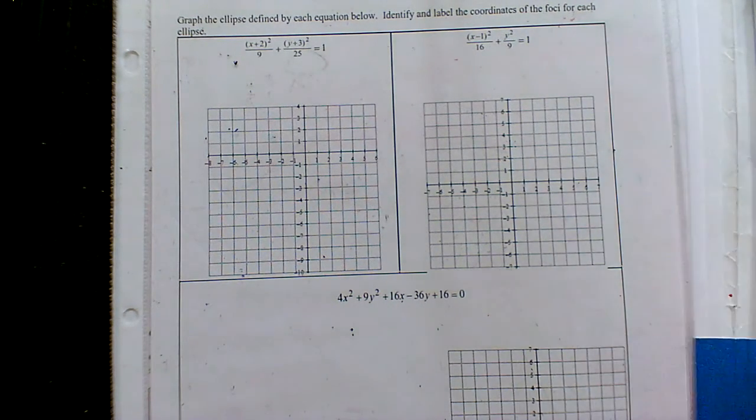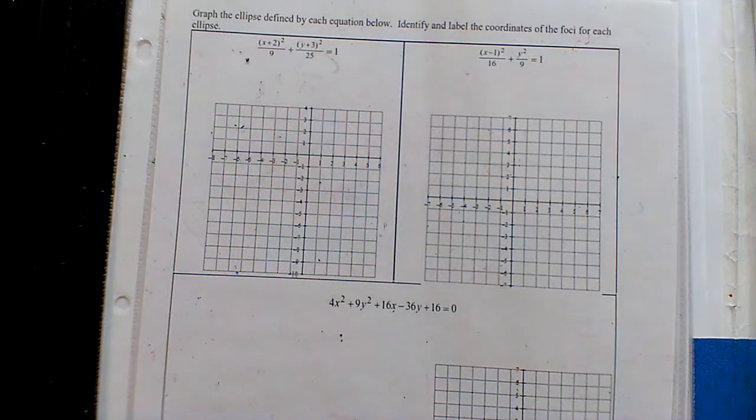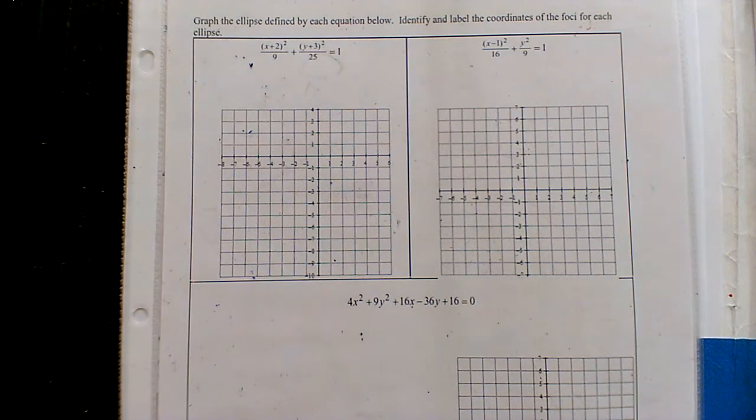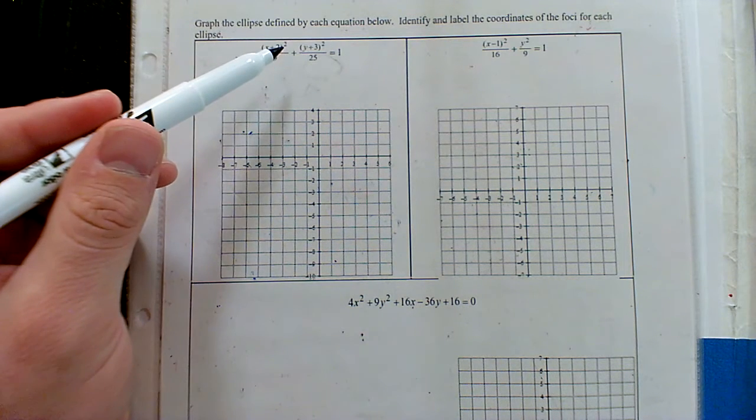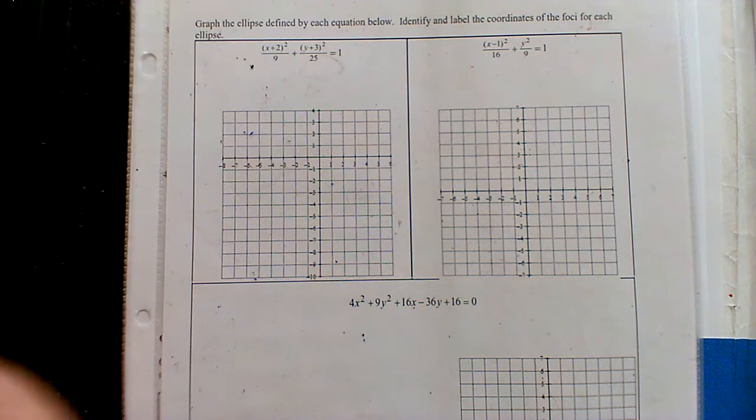So we're going to page 225 at the top. It says, graph the ellipse defined by each equation. Identify and label the coordinates of the foci for each ellipse. Okay, so they give us the equation. Our center has to be where?